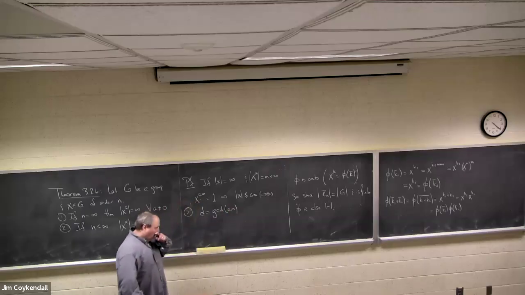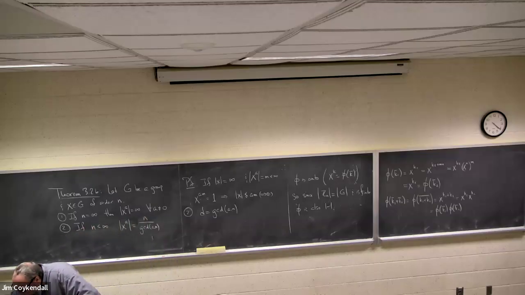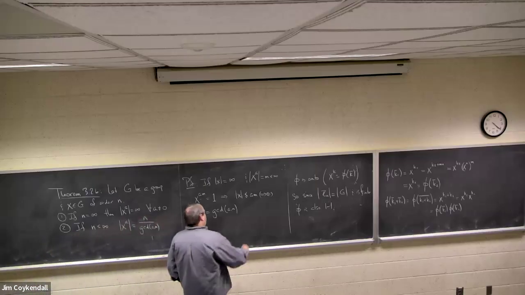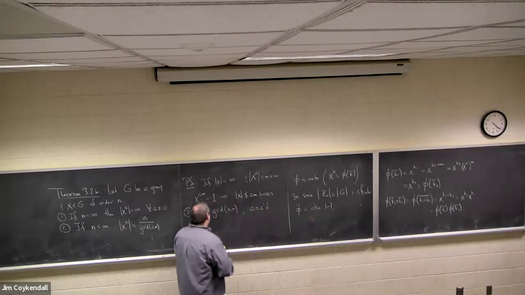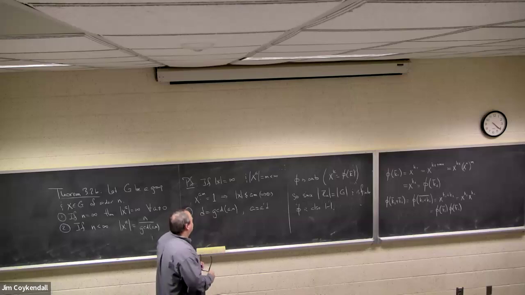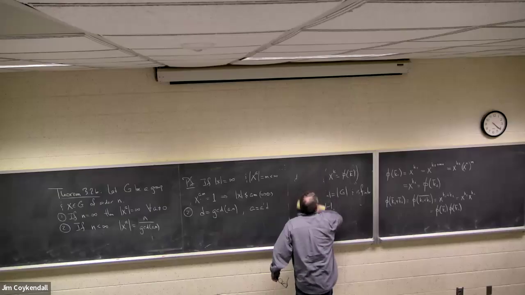If I just write that here, I will save a little time. And I'm also going to use the notation a = a'd. I'm going to need that later. So d is the greatest common divisor of a and n, and I'm going to pull that d out of a, leaving a'.